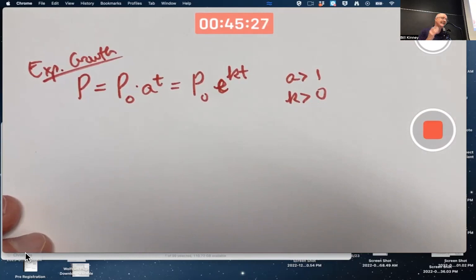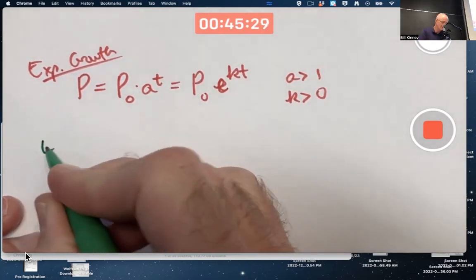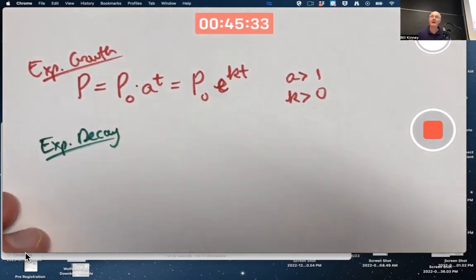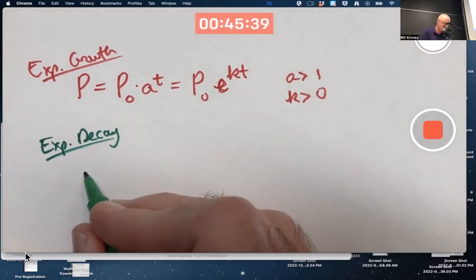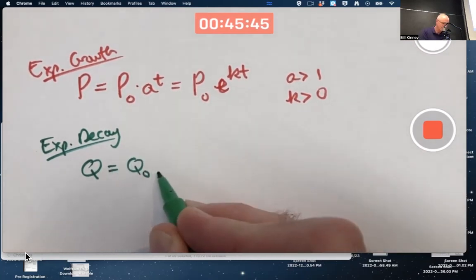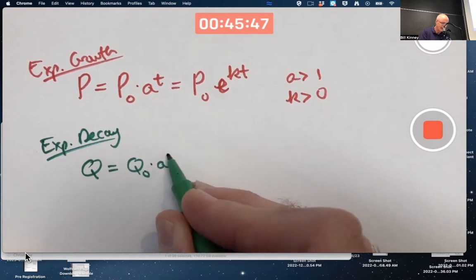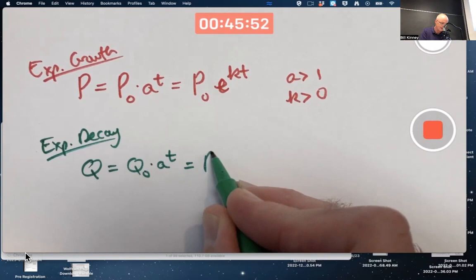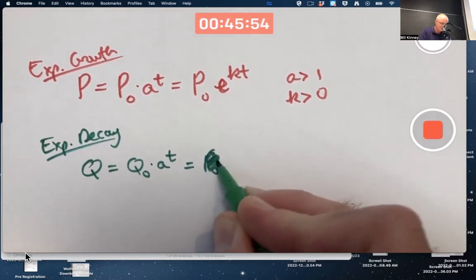Focus on the idea. For exponential decay, like radioactive decay, for example, they actually use different letters for the dependent variable. They use a Q instead of a P. They still use an A for the base of the function.